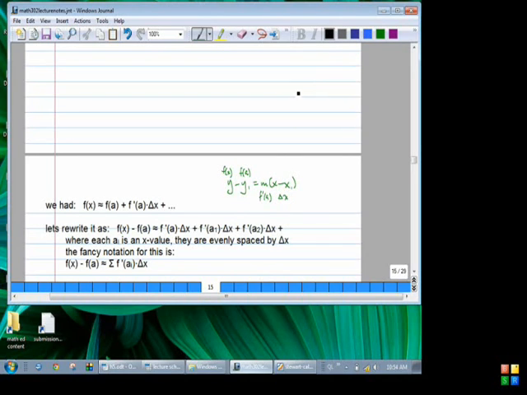So here's the thing that I'm going to add up. I'm going to add up f prime at some value times delta x. So the thing I need to say is this. Actually, I equals 0 to n.